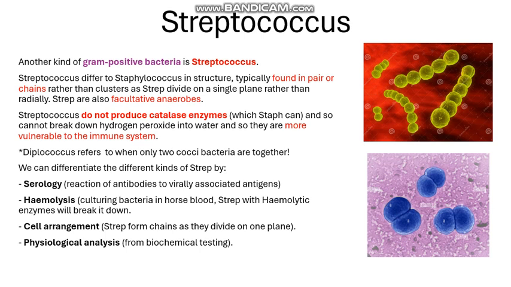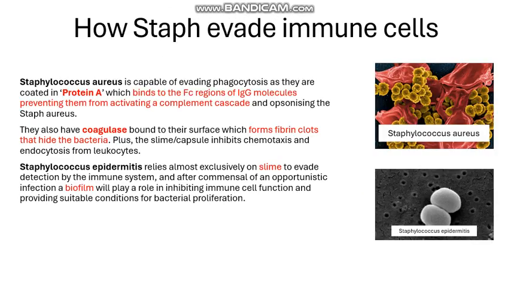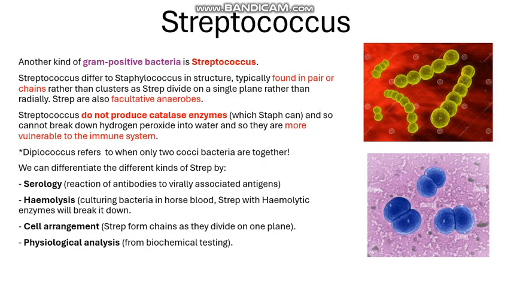When it divides, it'll put another one directly to the right of it, and then it divides again, puts another one directly to the right of it, whereas Staphylococcus have this kind of grape structure where they just form clusters instead of chains. Strep divide on a single plane, like we just said, rather than radially.